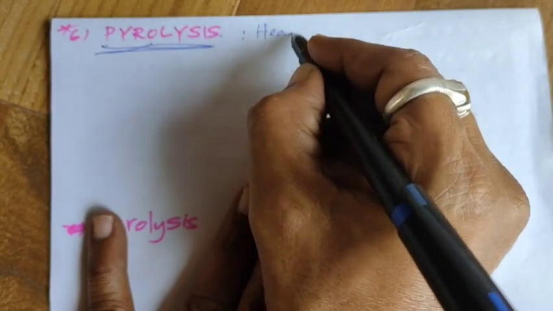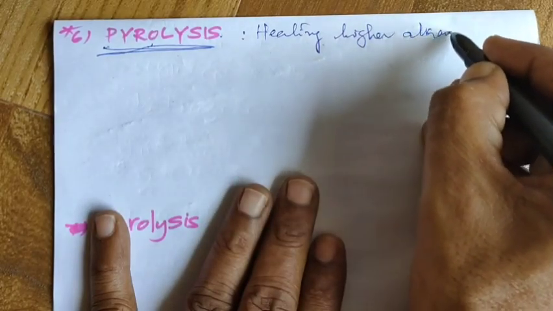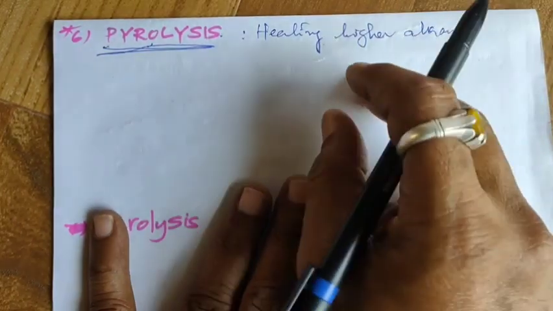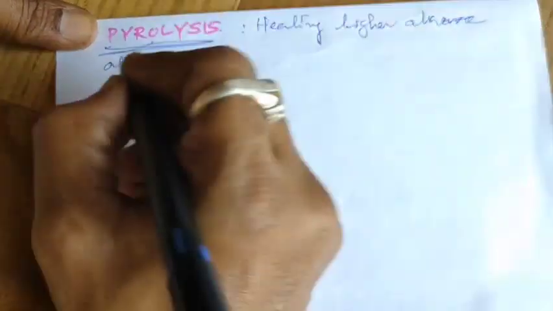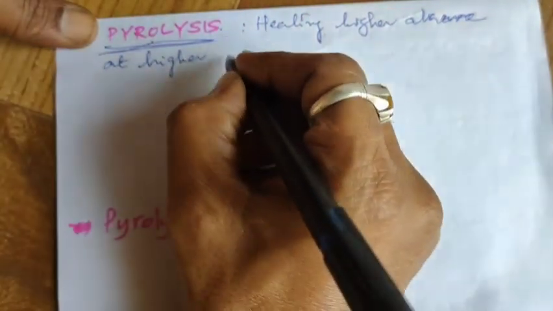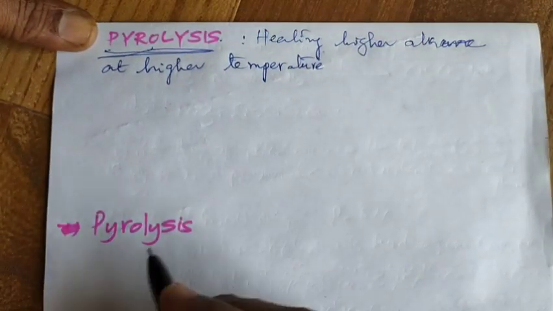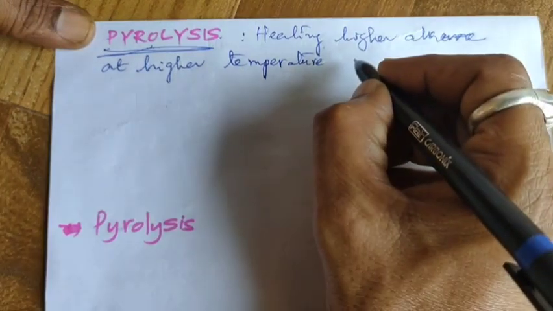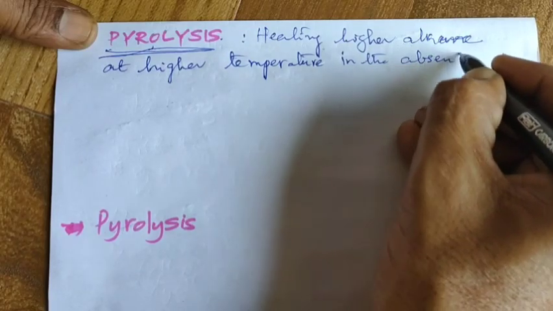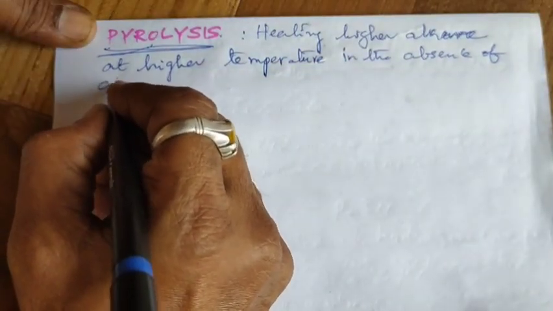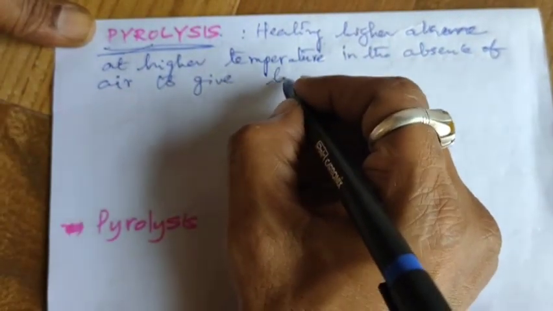So here, heating higher alkanes at higher temperatures, in the absence of air, very important, absence of air, gives a lesser number of carbon atoms.